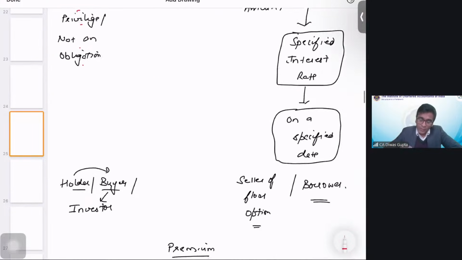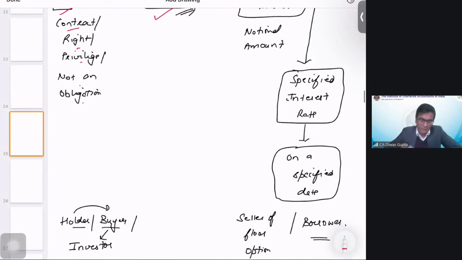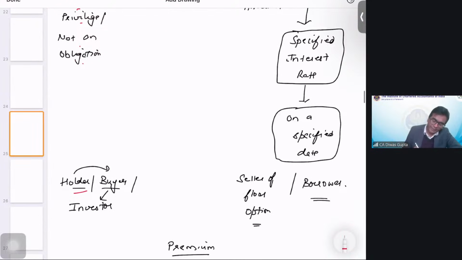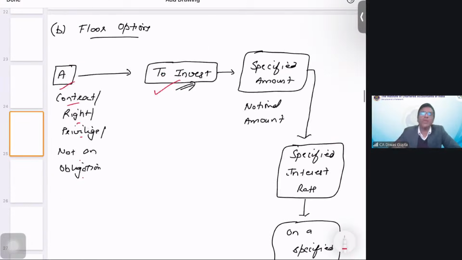So in case of this, the holder or buyer becomes the investor, students. And here the seller of the floor option becomes the borrower later on. Because if the right to invest gets exercised, the person who has written this floor option will have to borrow. Similarly, the holder of this floor option will have to invest.